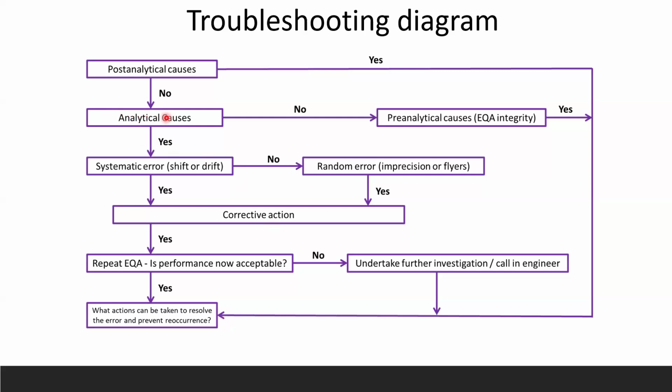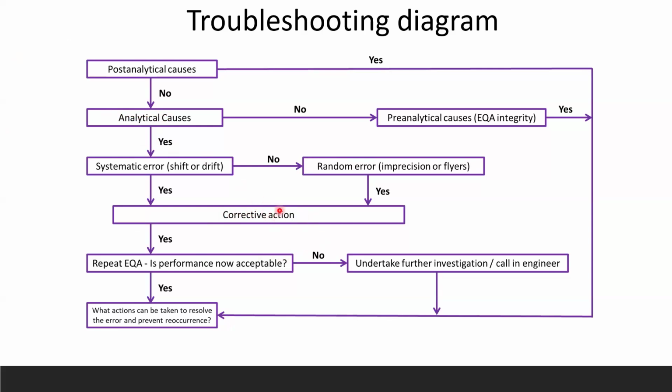Again, we look into the results and we think, is this a systematic error or a random error? And we ask the relevant questions. Depending on which it is, we ask, can we correct whatever we've noted, whether it's an issue with IQC, reagent lot, calibration, or a flyer?